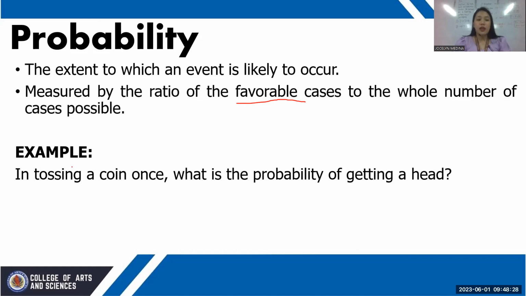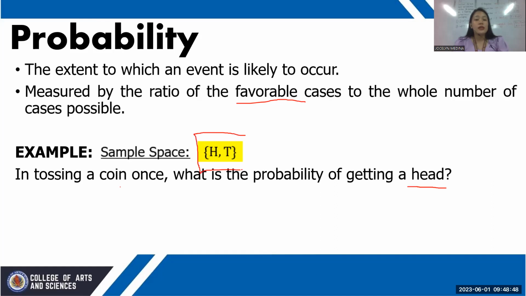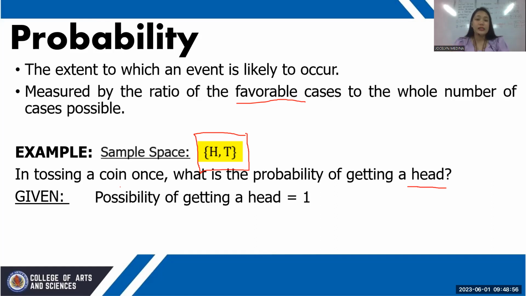Sabi dito, when we get the probability, kailangan nyo munang makuha yung sample space. So here we have tossing a coin. Sabi natin kanina, ang sample space kapag mag-toss tayo ng isang coin is heads or tails lang. Okay? That's clear. Now, you are trying to get the probability of getting a head. Kung titignan ninyo dito sa sample space, ilan ba yung favorable case na makakakuha ka ng head? Alam natin is isa lang.